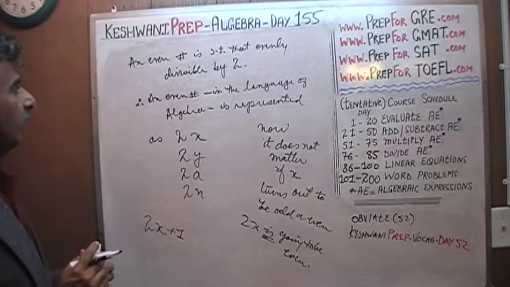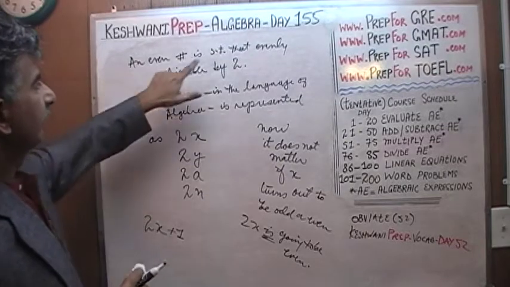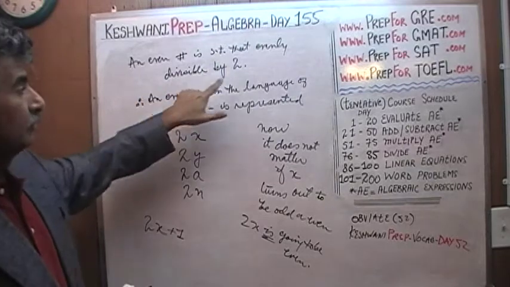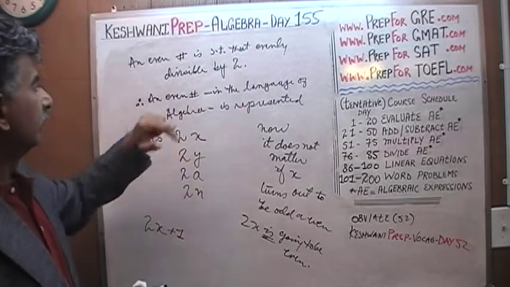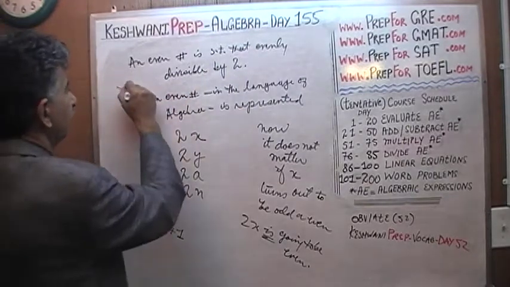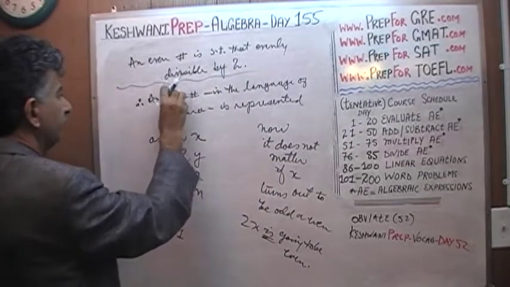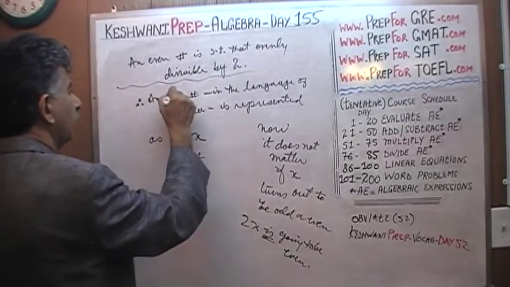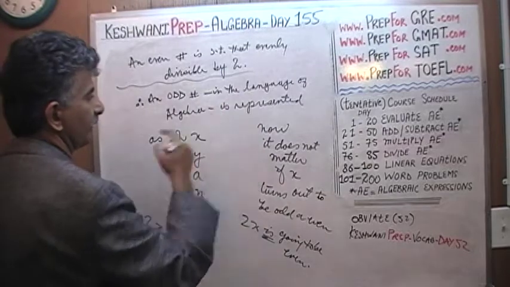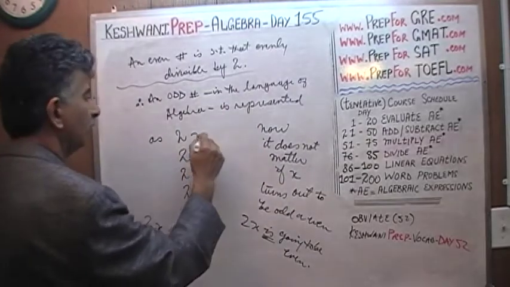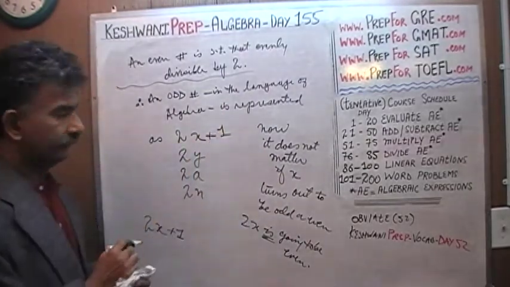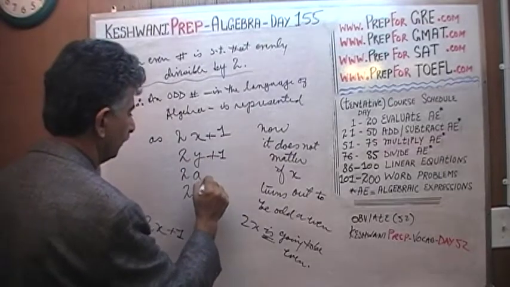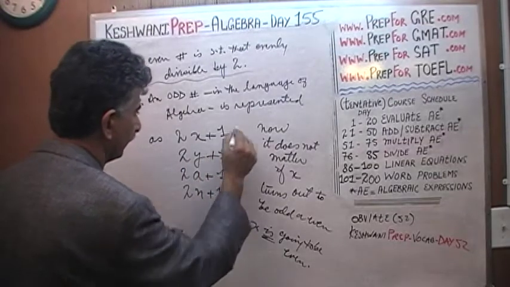So, an odd number is something that is not divisible by 2. It's going to have a remainder of 1. Anyway, I'm going to leave this alone. This applies to the even number. But an odd number in the language of algebra is represented as 2x plus 1, 2y plus 1, 2a plus 1, 2n plus 1.